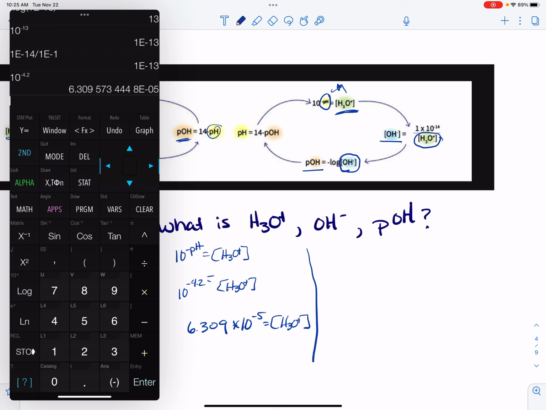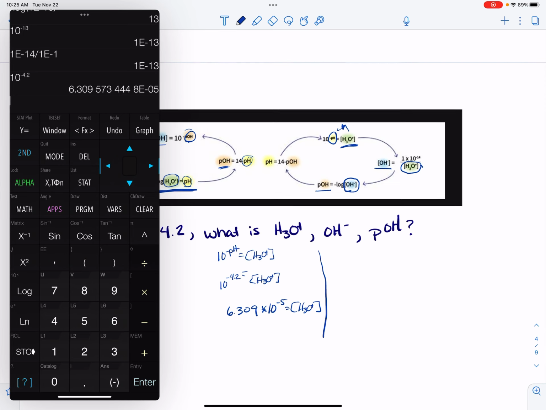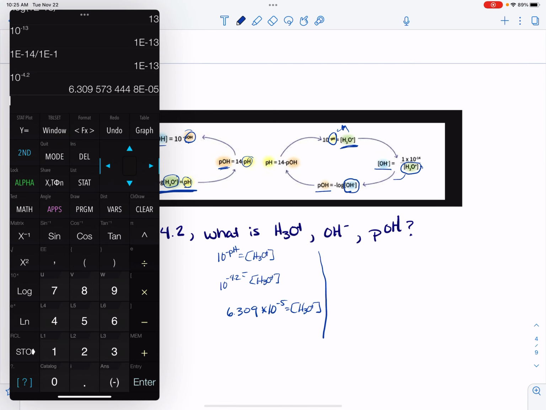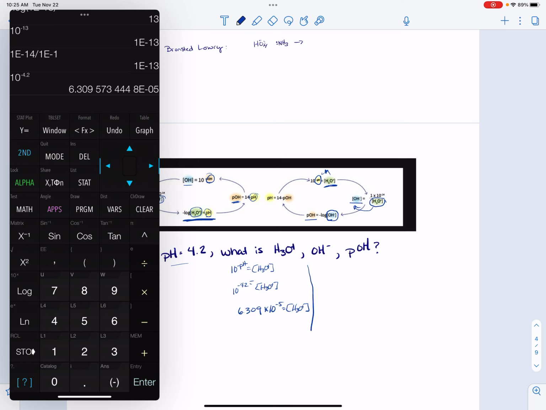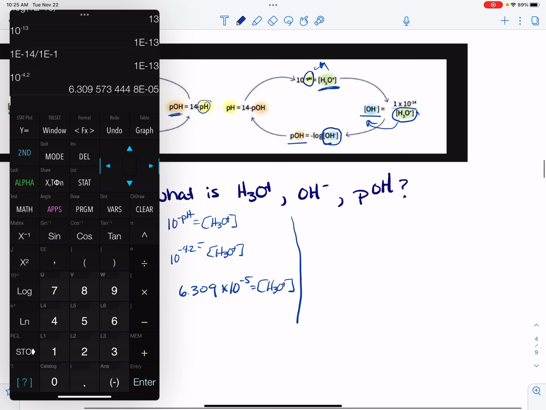Now I have my H3O plus, and I could go all the way around from my H3O plus and take it to OH, and that might be the fastest way of doing it. I could also go back up to my pH and work with my pH. There are a few ways I could go, but I'm just going to go on around: 1 times 10 to the minus 14th over 6.309 times 10 to the minus 5th equals my OH concentration.